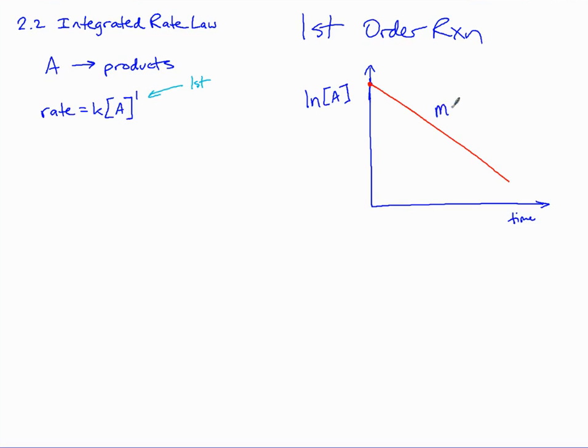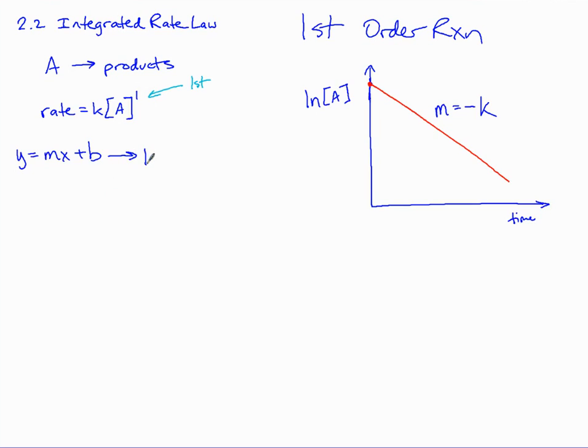And so we have the slope. It's a negative slope because it's being used up. And so this is helpful. So again, if we're going to put this in the formula for a line, it would look something like this.